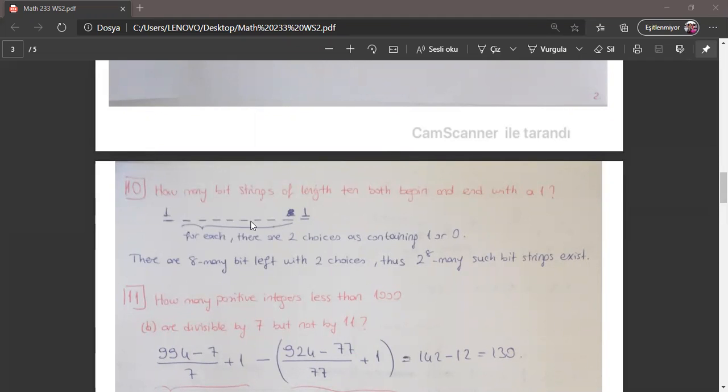We have 8 left, right? For each one, we have 2 choices. For example, this one can take 0 or 1. This one can again take 0 or 1. So for each one we have 2 choices, and we have 8 digits left. So we have 2 to the 8 such bit strings.